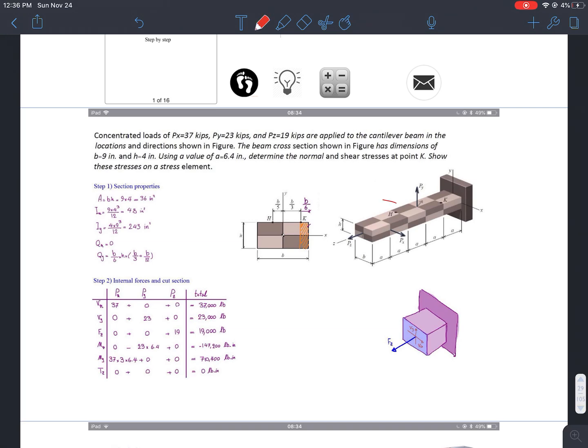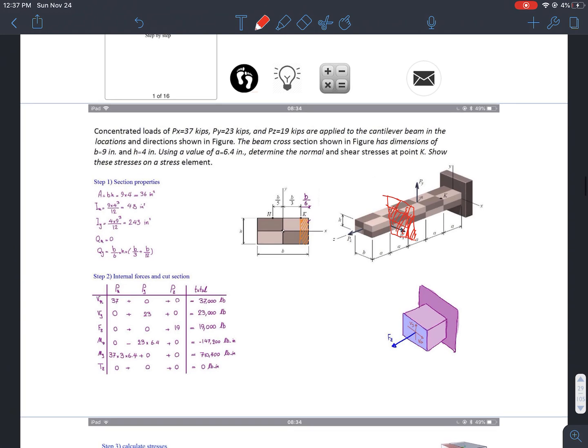For instance, I want to make a cut right here at H. So when I make a cut here, I basically have a beam that looks like this.